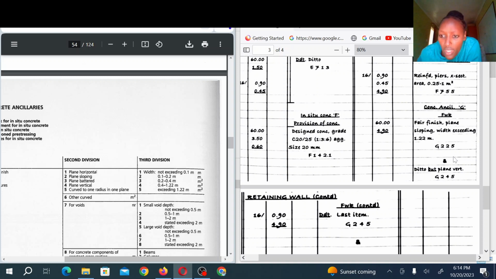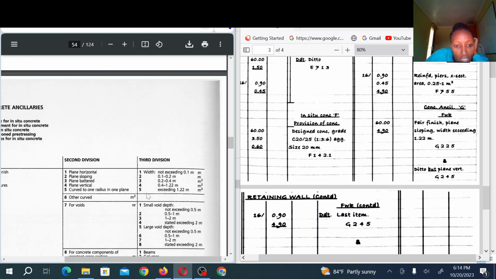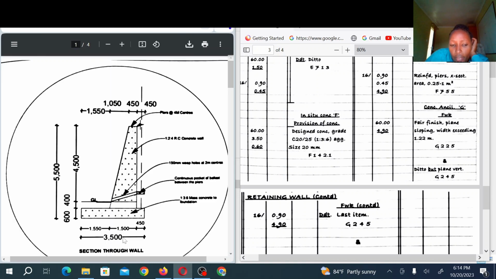Ours, the width is exceeding 1.22 meters. The width of the retaining wall is 1.5, right? So if we are taking off concrete, you can classify them within these ones: either 0.2 to 0.4, 0.4 to 1.22, or exceeding 1.22. The width of our wall below there is 1500.